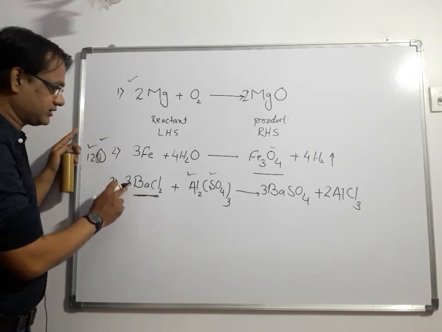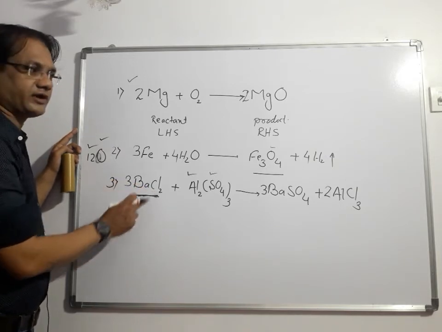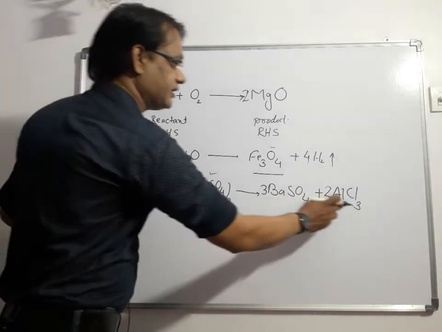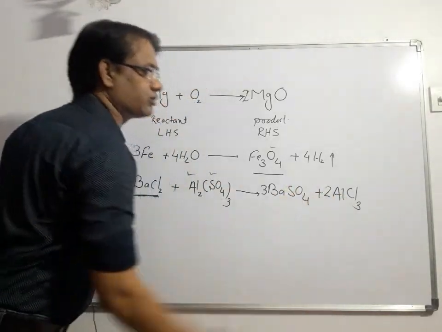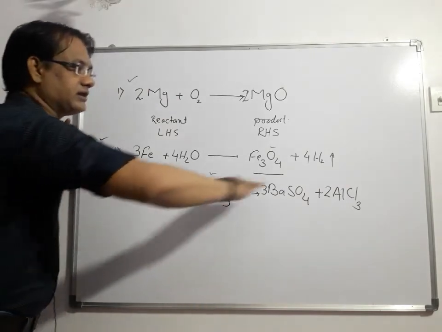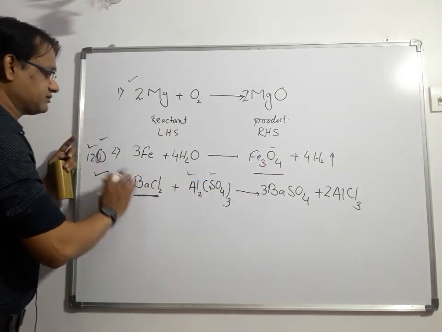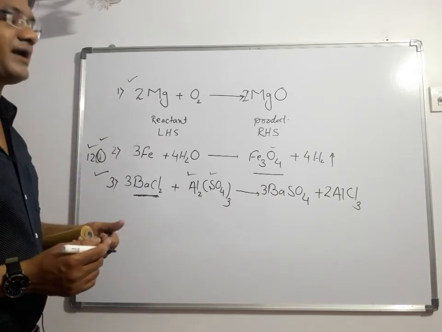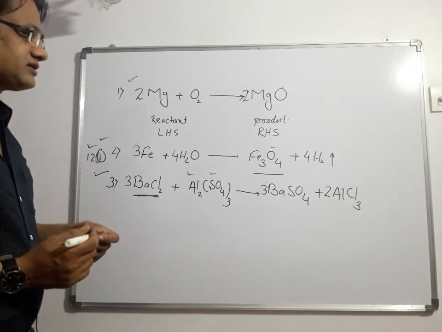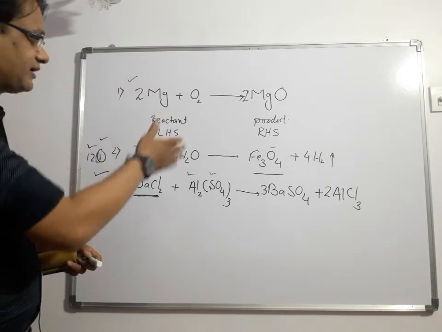Only chlorine. 3 into 2, 6 chlorine atoms are here, and here 2 into 3, 6 chlorine atoms are here. So now all the atoms are balanced. It means this chemical equation becomes a balanced chemical equation. So in this manner we can balance a chemical reaction.